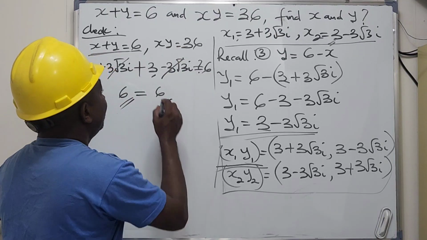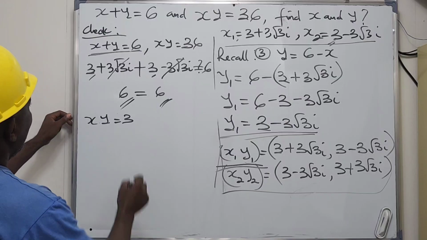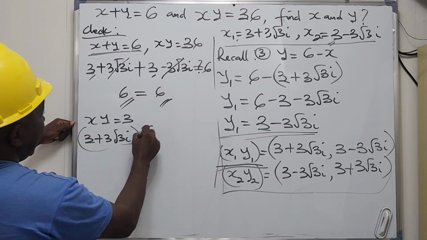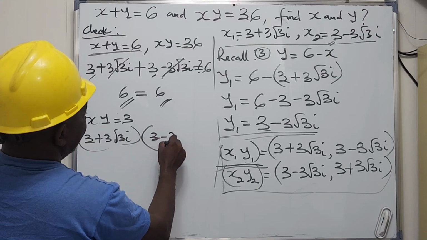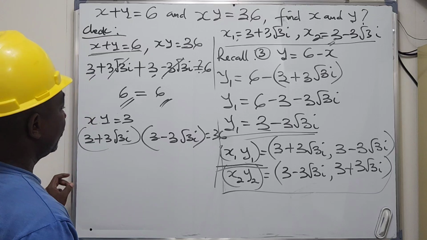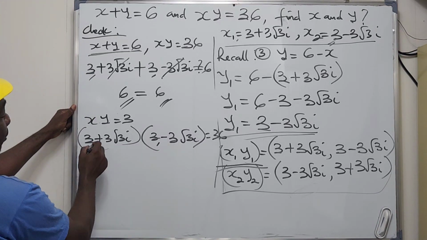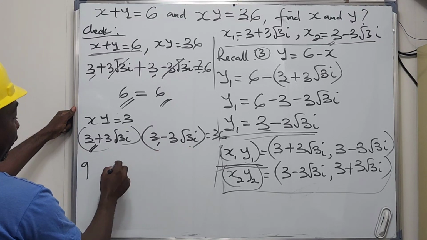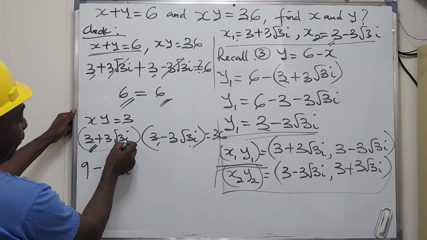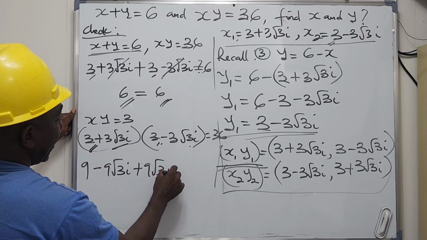So the second part, we have xy equals 36. Let's substitute that, where we have 3 plus 3 root 3i, then into 3 minus 3 root 3i. Well, this gives us 36. So expanding this, 3 times 3 will give us 9. 3 times this will give us minus 9 root 3i. So we have this times this will give us plus 9 root 3i.